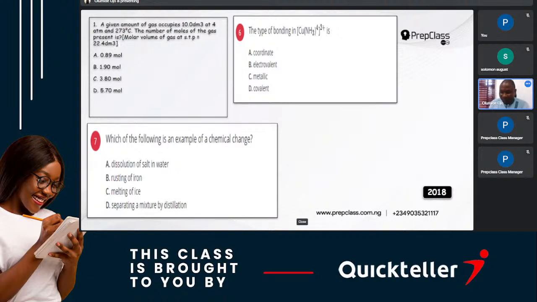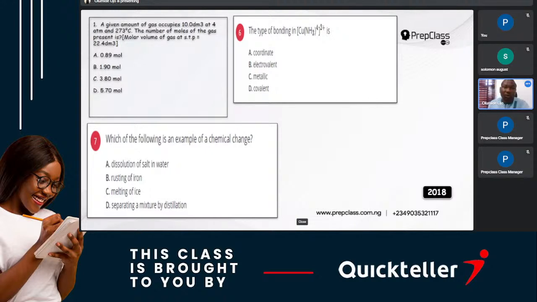I thought you were with your calculator. That would be 0.89, sir. Yeah, that's A. 0.89 mole.